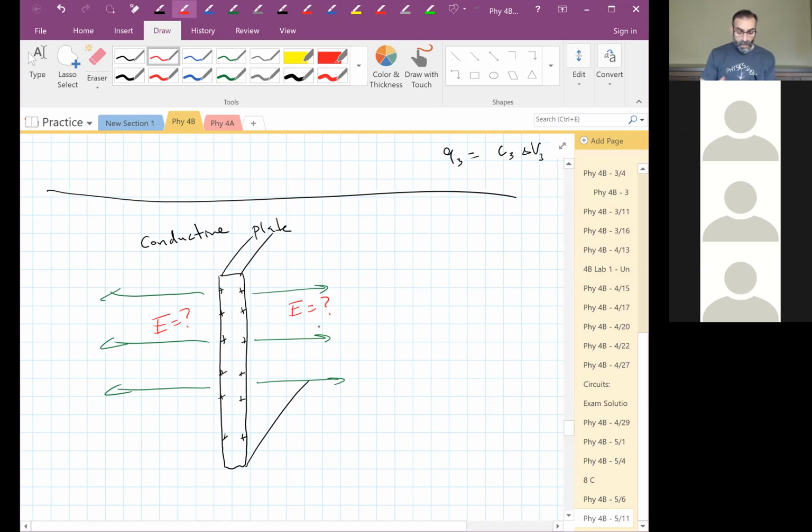One way to draw the Gaussian surface is to put one surface inside that conductor. That's not a very good cylinder, is it? That's one way to draw it. Another way to draw it would be like this. That would be okay also. Either way gives you the same answer.